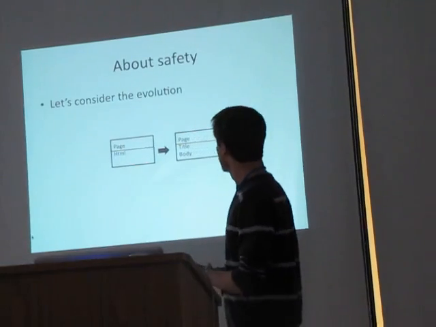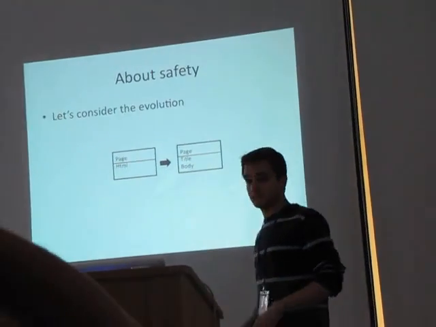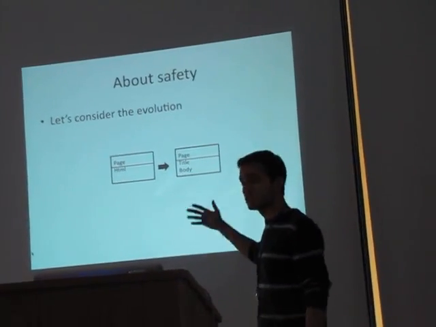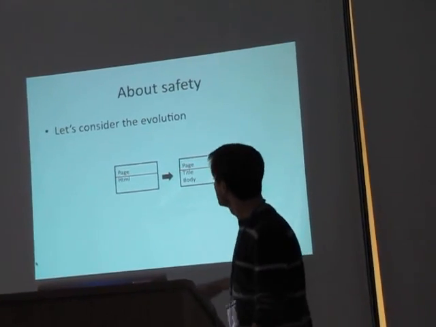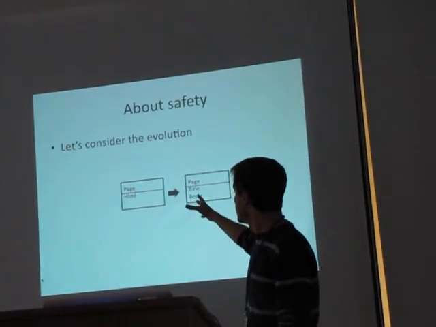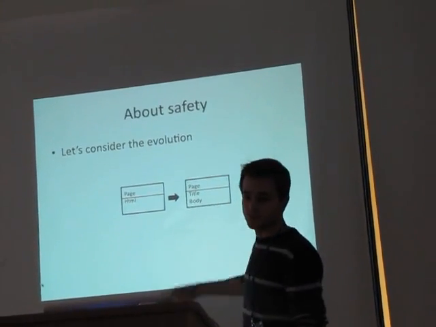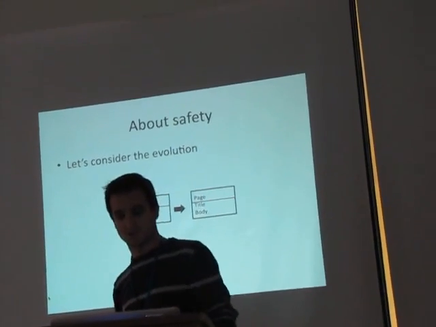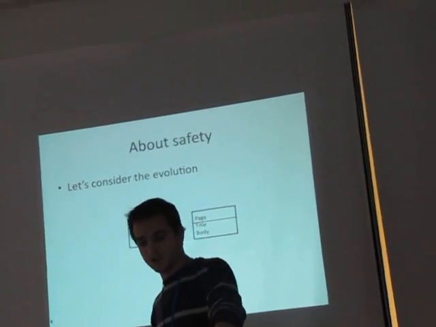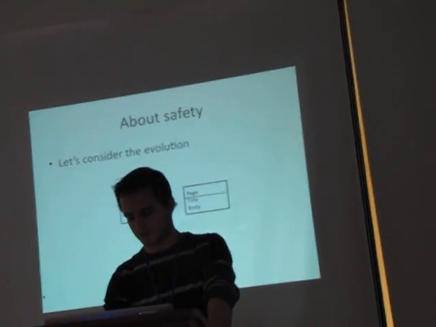And we can consider a web system like here, something that has a page. Let's imagine that on the left you have the initial version of the code, and on the right the new version, and you have a field, HTML, that is split in two fields, title and body. So that's the setting.